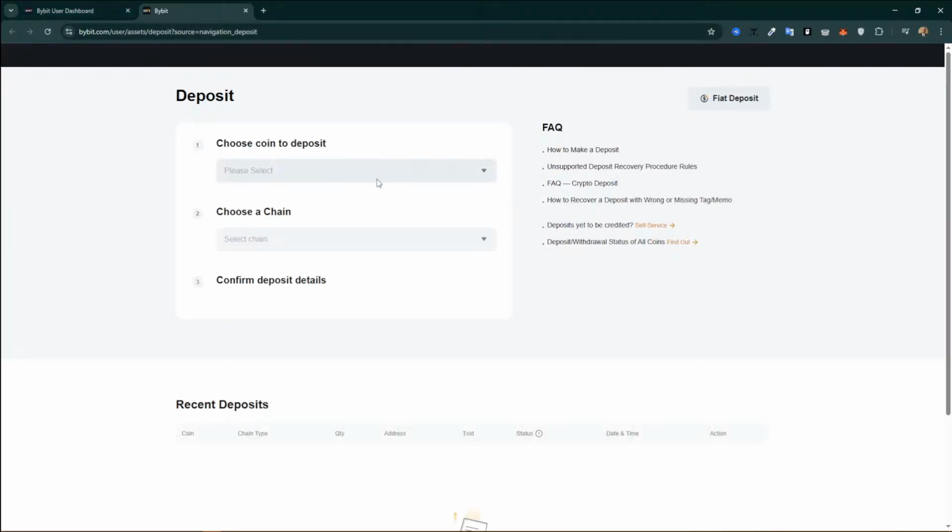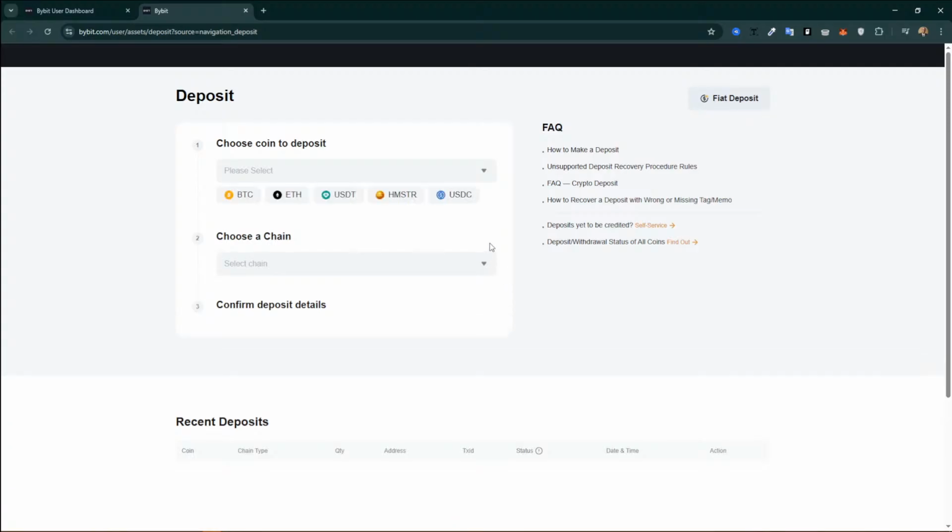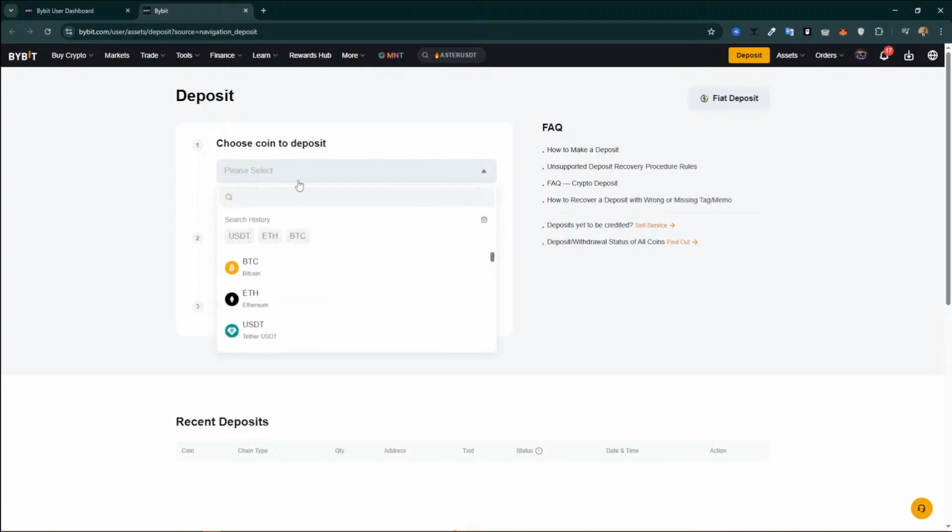So click on deposit crypto, then you can choose the chain, you can choose the coin that you want to deposit first of all, and then you can choose the chain or the blockchain that you want to use. Confirm details, I think with your address. Yeah, I think you already know that I've been showing you how to deposit crypto on multiple occasions on the YouTube channel, many videos. Choose coin, that's the first step.